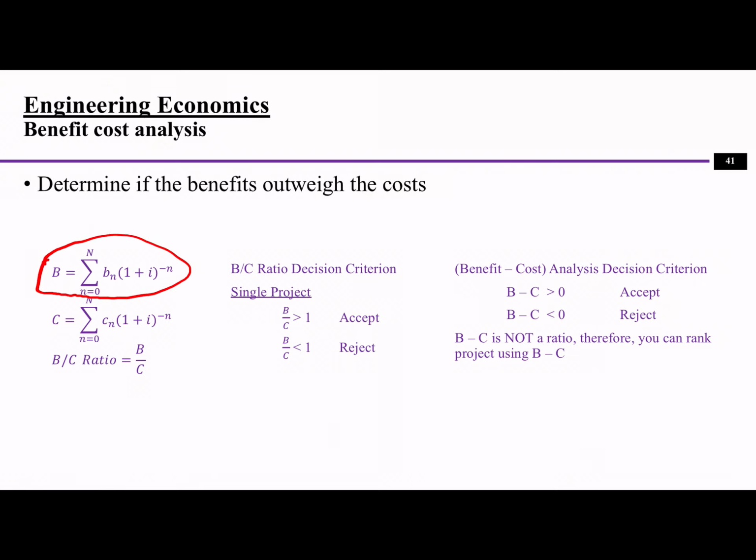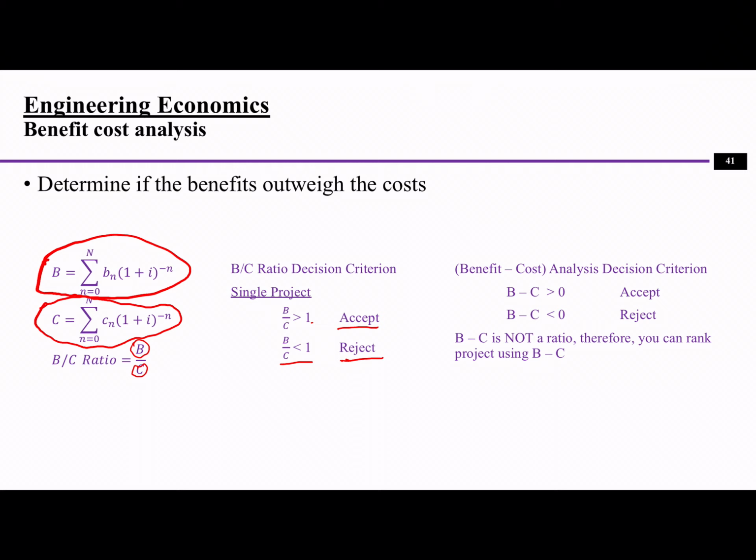All right. Now let's look at how we make decisions based on the benefit cost analysis. This is the calculation for converting all the cash flows to the present worth of the benefit, and this is converting all the cash flows to the time zero of the cost. Then we use the ratio of benefit divided by cost to find if it is bigger than 1, which means benefit is more than cost, right?